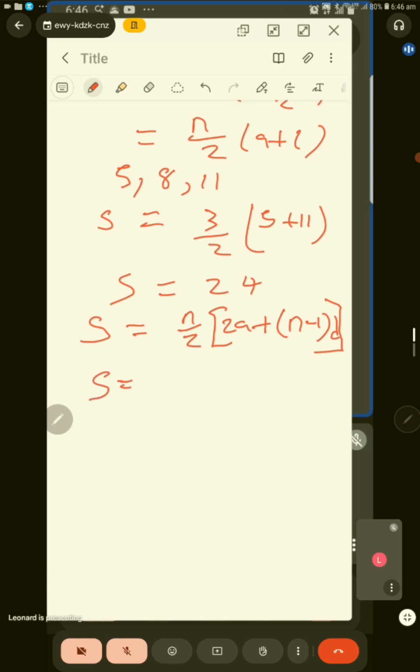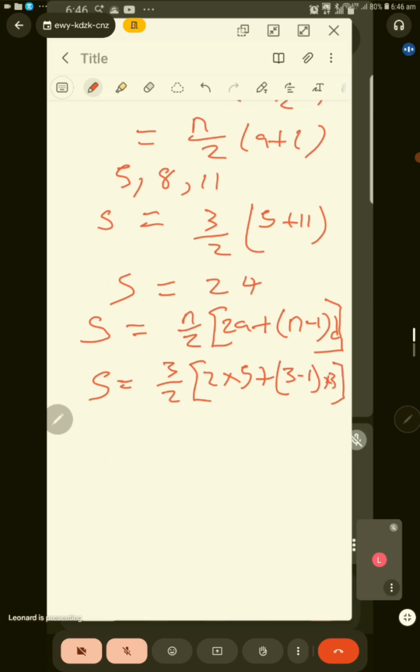Here, we have 3 numbers, so it's 3 over 2. The first number is 5, so that is 2 times 5 plus 3 minus 1, times the common difference, which is also 3.